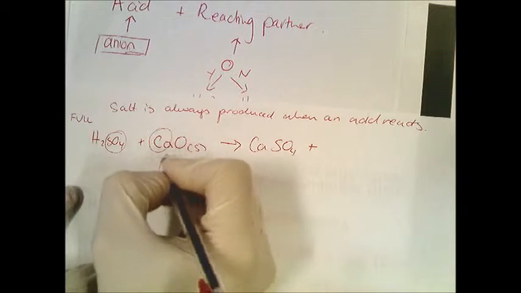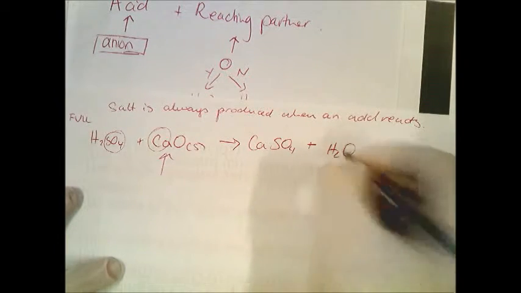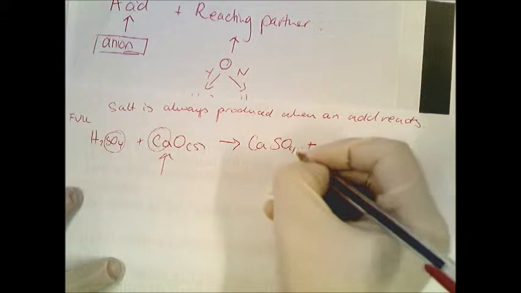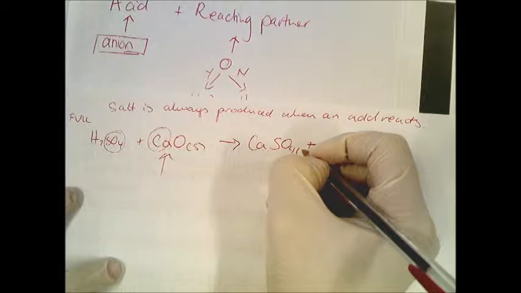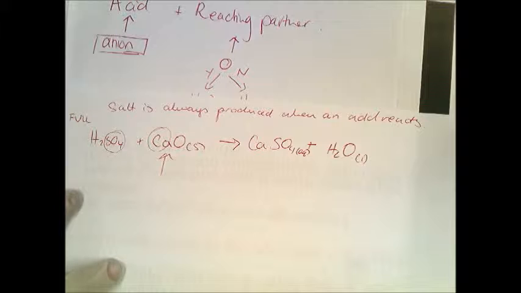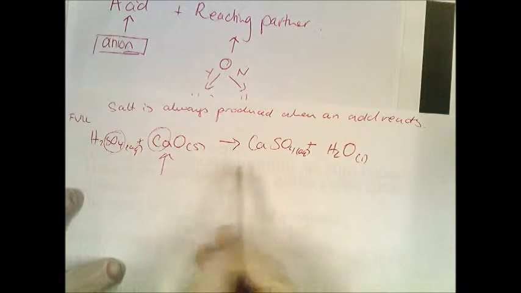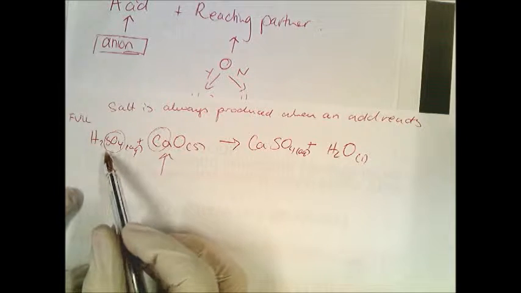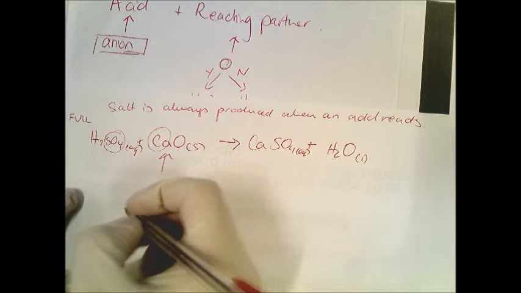Plus, we have a look at our reacting partner. Does it have oxygen? Yes, so we get water. Carbon dioxide? No. Calcium sulfate should be aqueous, liquid. Alright, so then you can do your balancing, make sure 2 H's here, 2 there. Okay, balanced.